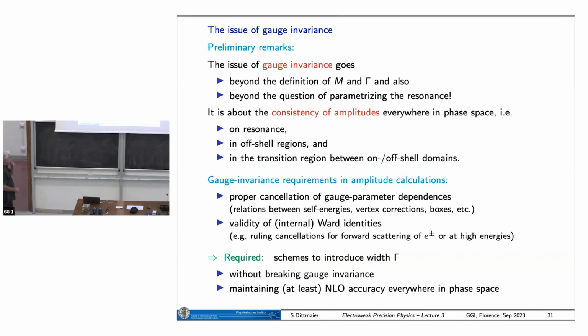The next is the validity of some internal consistency relations, namely Ward identities. And this is a bit harder to explain. What are these Ward identities? Actually, these Ward, or in more general terms, Slavnov-Taylor identities are consistency relations between different Green functions.